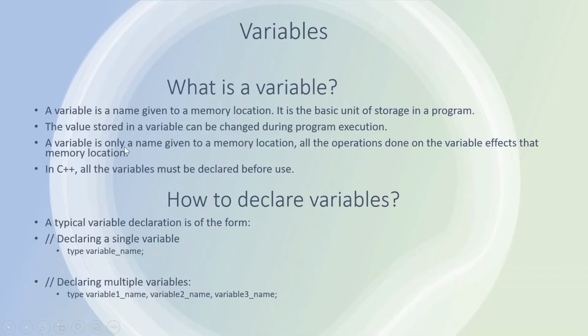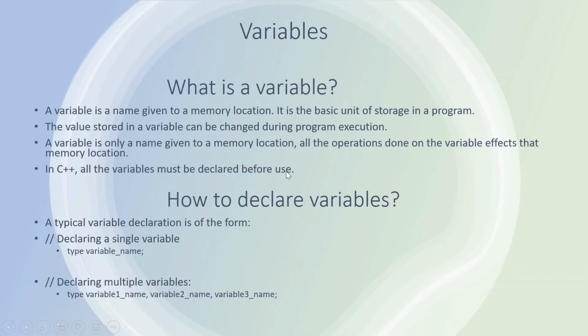A variable is only a name given to a memory location, so all the operations done on the variable affect that memory location. If you do any operation on that variable, that operation will impact that memory location's value. In C++, all the variables must be declared before use.